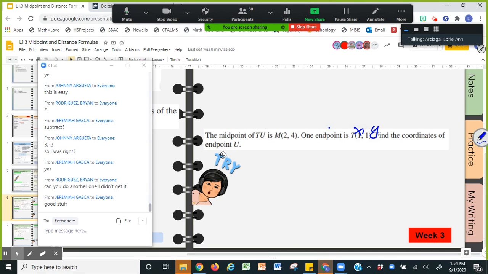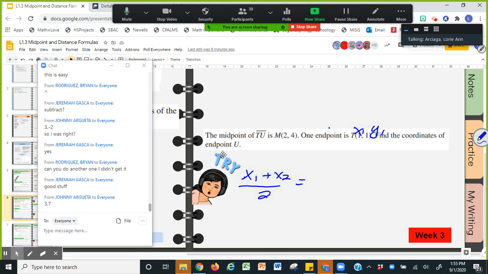That's your x1, and then the other one is for y1. So if you use the formula, x1 plus x2 divided by 2 is equal to, okay, Johnny said 3, is equal to the first number that they give you in the midpoint, which is 2.